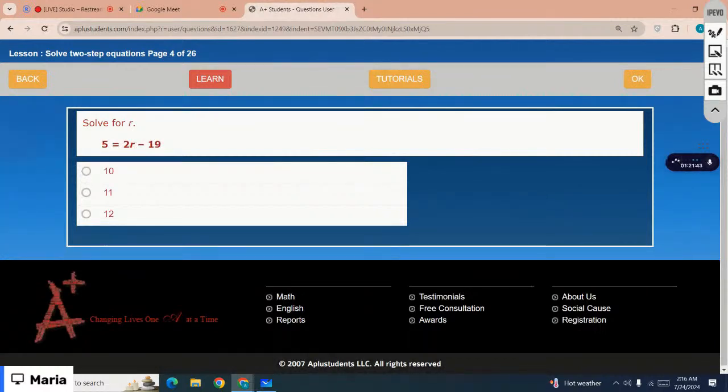Okay, 5 equals 2r plus 19. Which is the correct option?